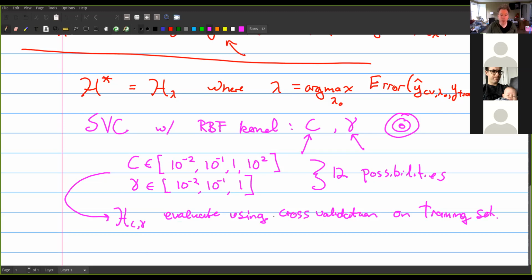Each time we do that, we get some score of C and gamma. That can be error or accuracy or something like that. So let's assume that higher is good.